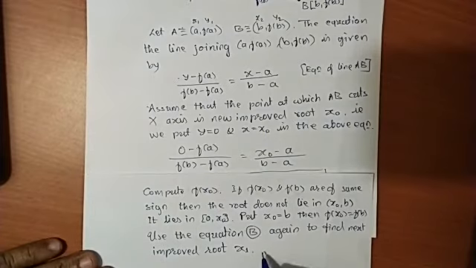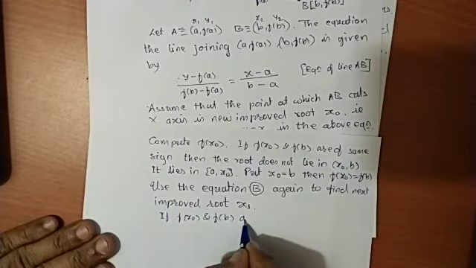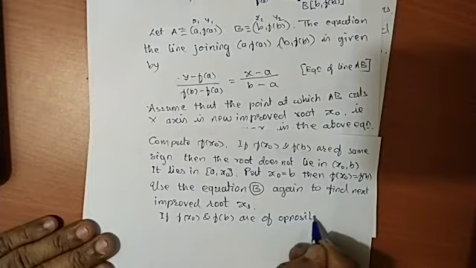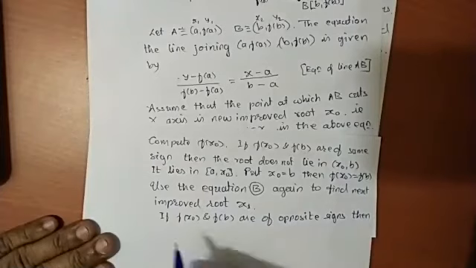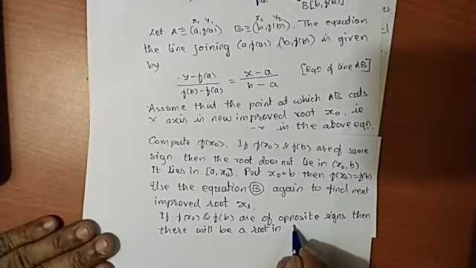If f(x0) and f(b) are of opposite signs, then there will be a root in x0 to b.